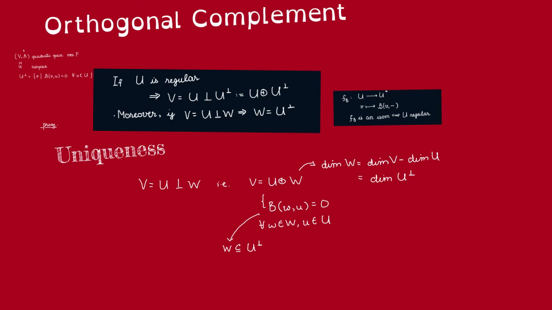But on the other hand, because V is the direct sum of U and W, we know that the dimension of W must be equal to the dimension of U perp. So since W lies inside U perp and they have the same dimension, W must be equal to U perp. Thus, we see that if U is regular, then we can write V as a direct sum decomposition of U and U perp, and this orthogonal complement is unique. This decomposition is unique.